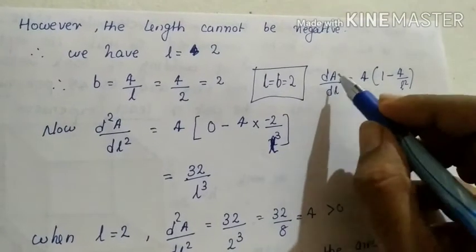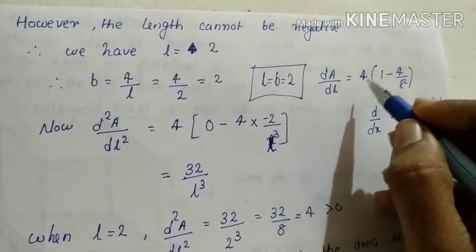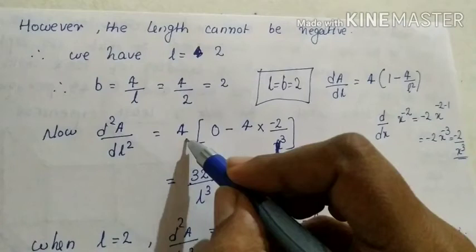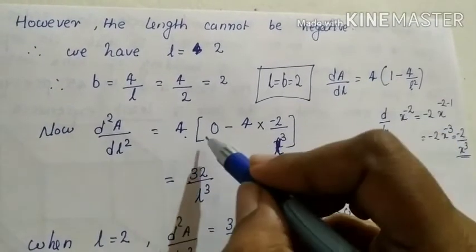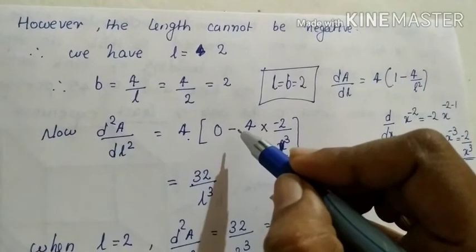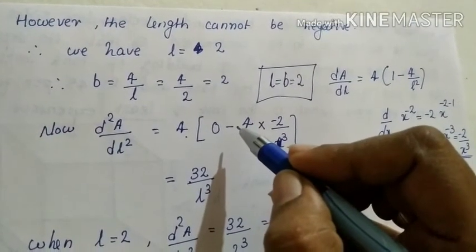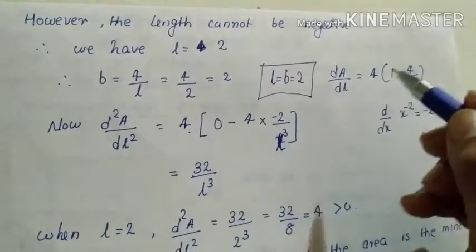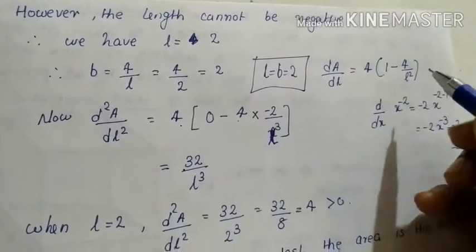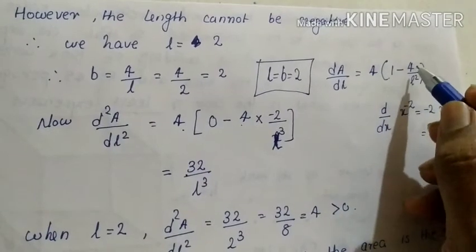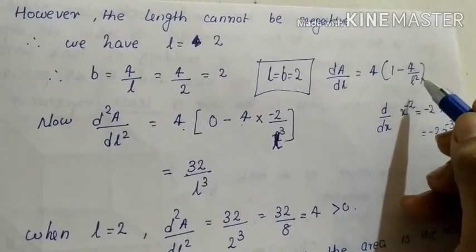We get d square A by dL square equal to 4 is a constant, so writing 4 here, into the derivative of 1, which is 0, because 1 is a constant and the derivative of a constant is equal to 0. And minus 4 is a constant, into the derivative of 1 by L square.